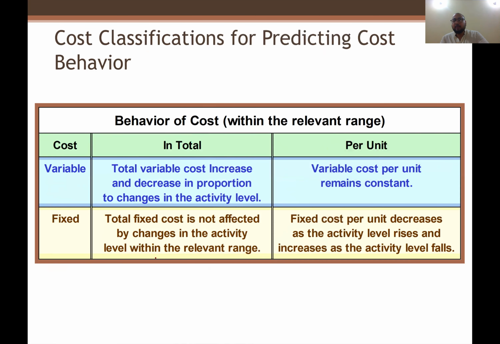So cost classification for predicting cost behavior, we just talked about that. So we put it in a very nice matrix here. Fixed cost behavior in total is that it remains fixed. It isn't affected by changes in activity, whereas the variable cost in total behaves in a variable fashion: as the level of activity increases or decreases, the total variable cost also increases or decreases.